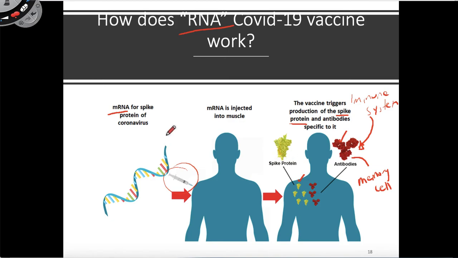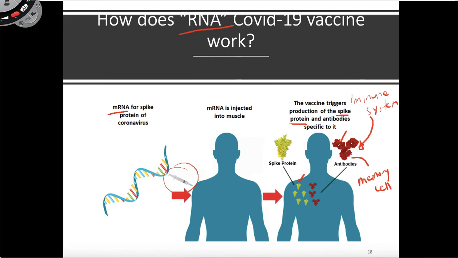But notice that in no way, shape, or form is this mRNA getting incorporated into your cells, right? The mRNA doesn't get incorporated into your DNA. No, the mRNA is just the instructions for your cells to make these spike proteins, and then for these spike proteins to be recognized and targeted by cells in your immune system known as antibodies.